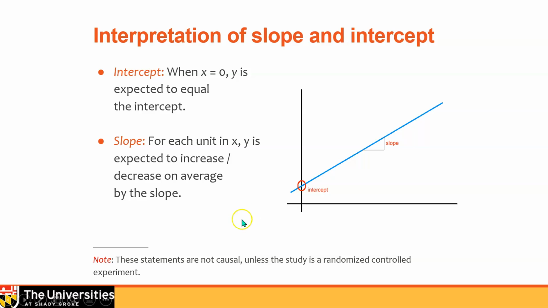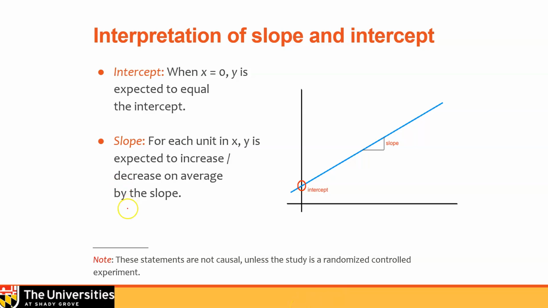And as we remember with any linear relationship, our y-intercept is where the graph crosses the y-axis. That's where x is equal to 0, and our slope tells us if we change by a unit in, in this case, the explanatory variable, how much the response variable will increase or decrease.